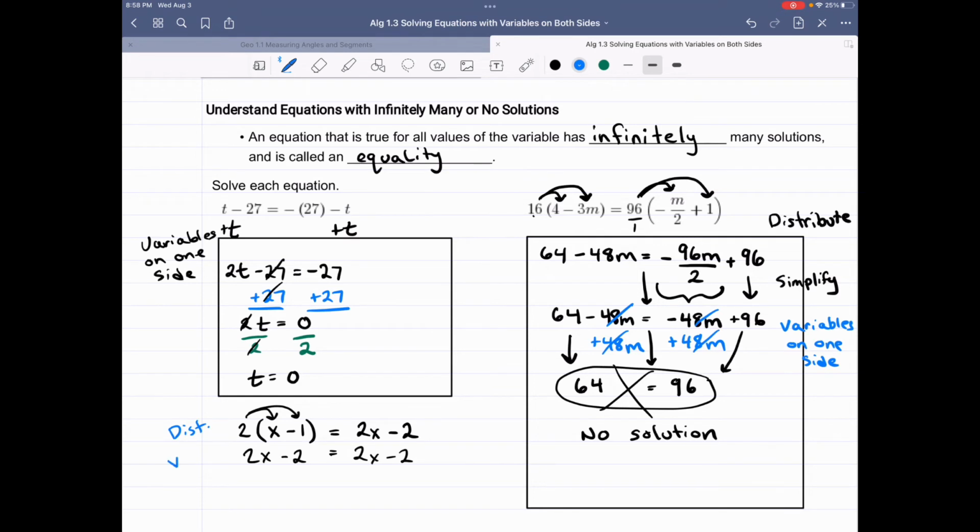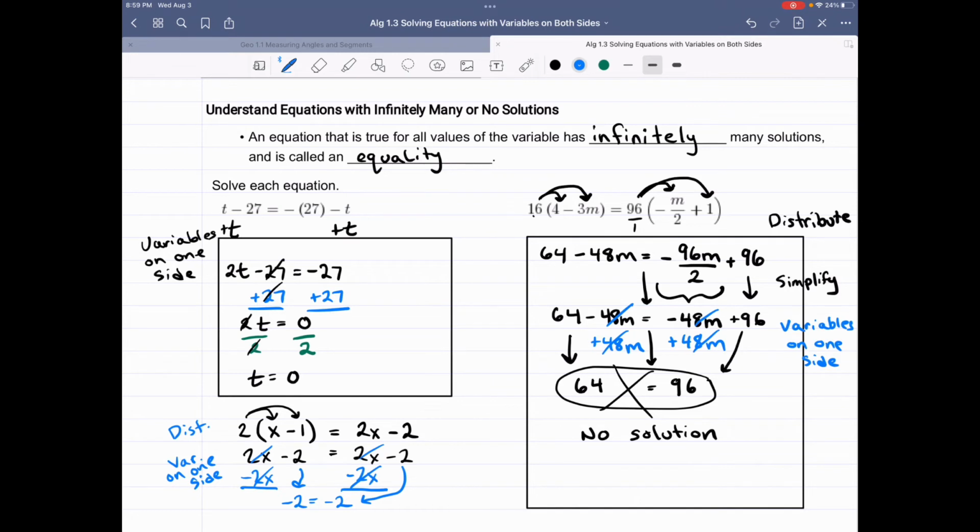The next step is variables on both sides, or variables on one side. So I'm going to subtract 2x from both sides. And what happens here is the 2x cancels, and it cancels on both sides, leaving us with negative 2 equals negative 2, right?